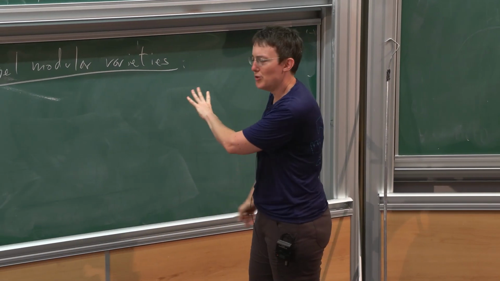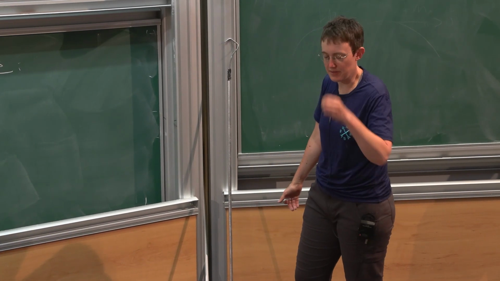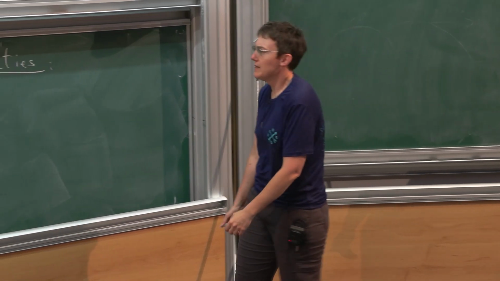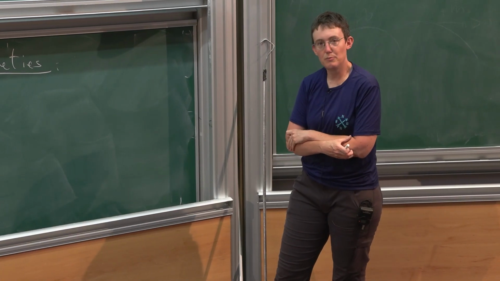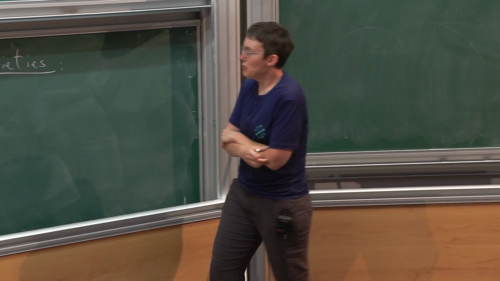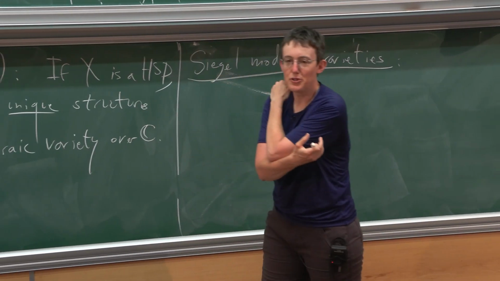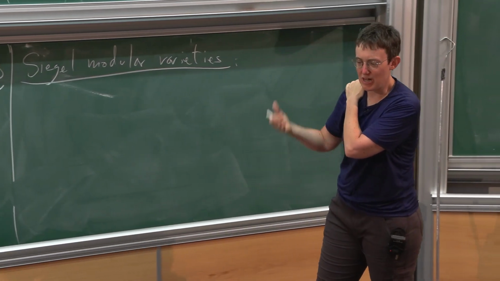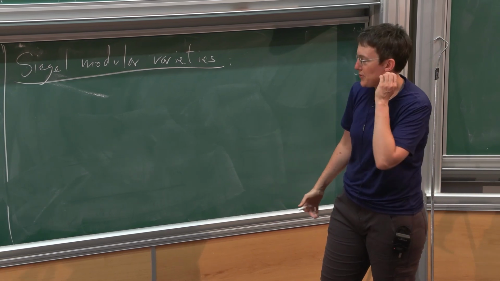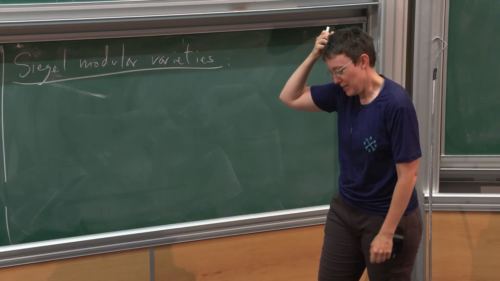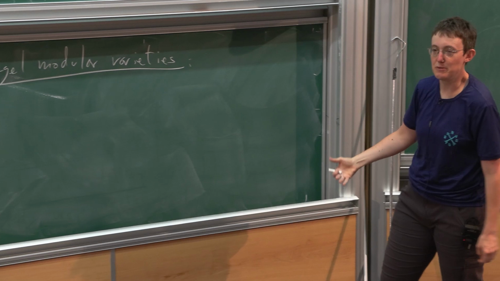Okay, so I just want to do an example that will guide us a little bit. The example is the Siegel modular varieties. It's a higher dimensional generalization of modular curves. The modular curves are the case of GL2, and what happens there is that the upper half plane basically parameterizes elliptic curves over C. So a natural question is, can we do something similar with Abelian varieties of higher dimension over C?